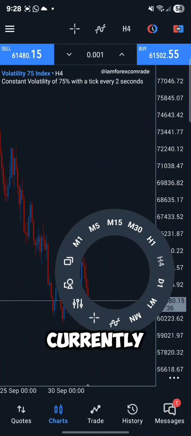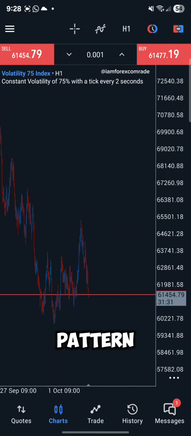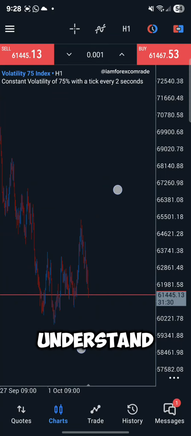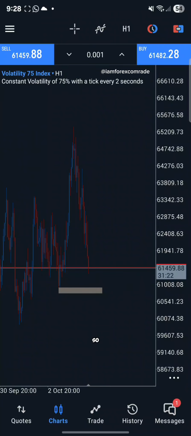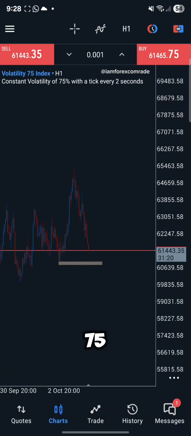So as you can see, I'm going to trade the Volatility 75 index. In the Volatility 75 index, I've identified a pattern. So I'm going to explain this pattern thoroughly so that you can understand. So here we go. I looked up my chart on the Volatility 75.